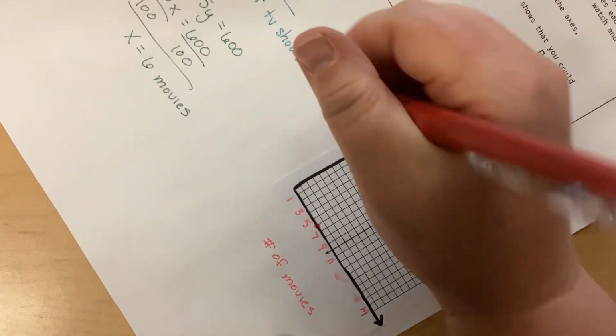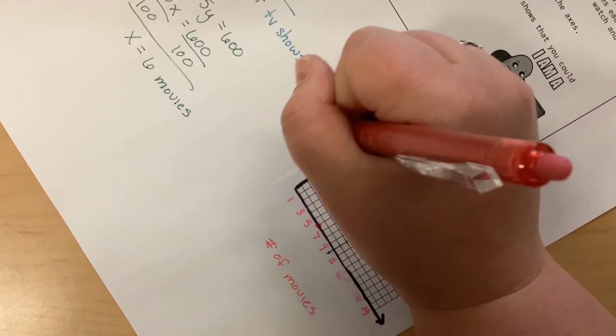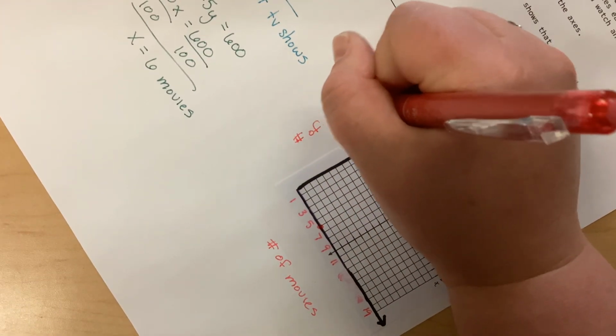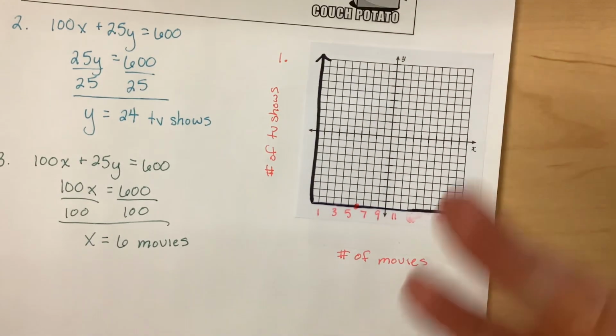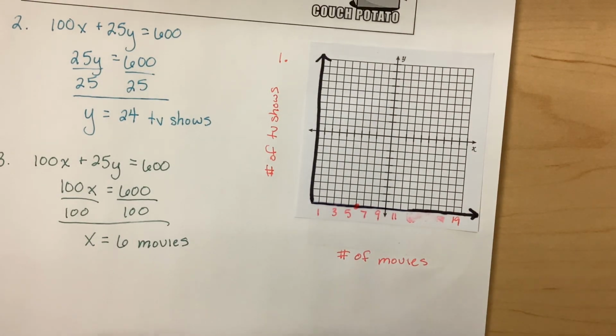All right, and I know that y is number of TV shows, but I need to get to 24, and I know I only have 20 lines, so I'm actually going to count by 2s for this one, okay?